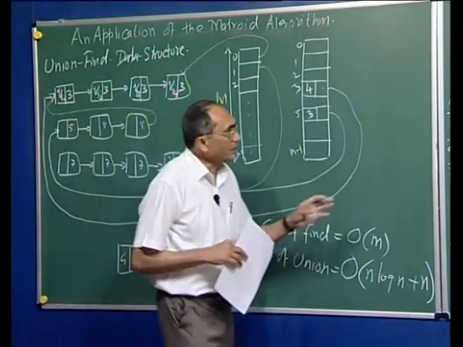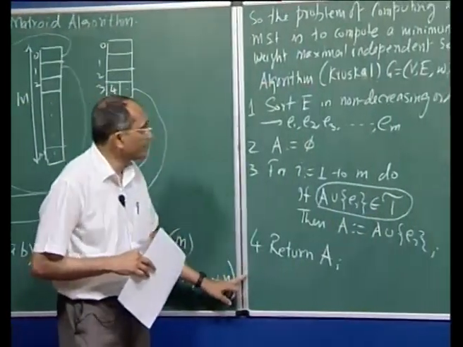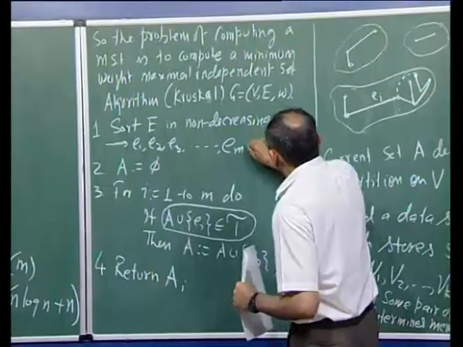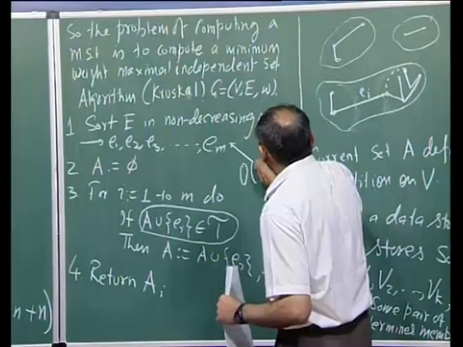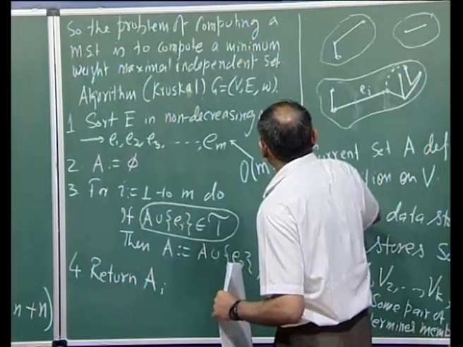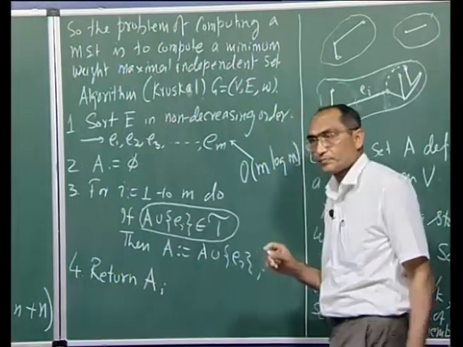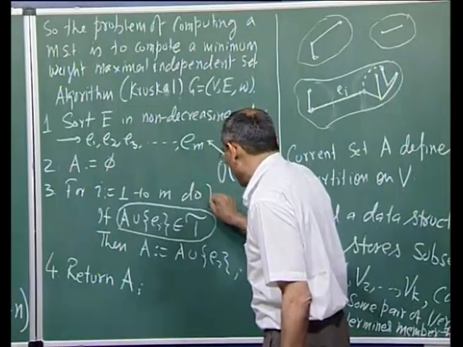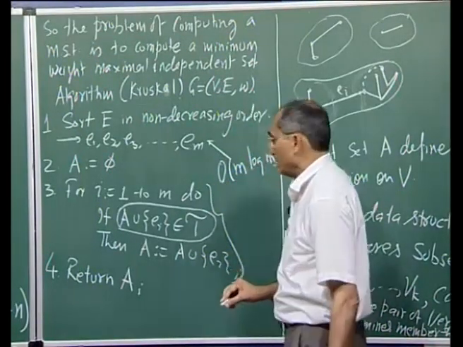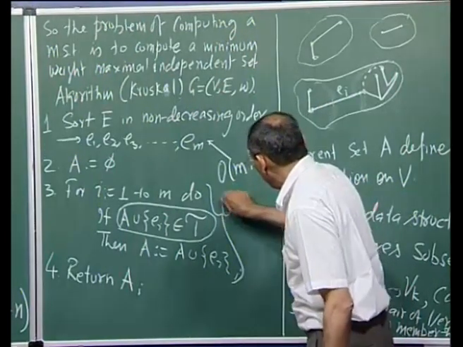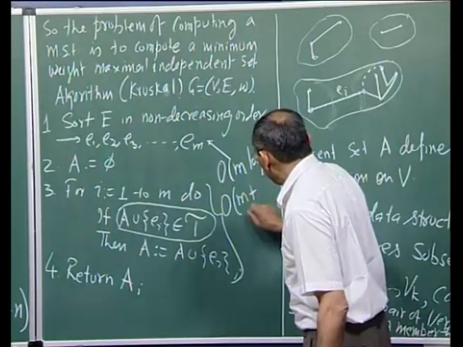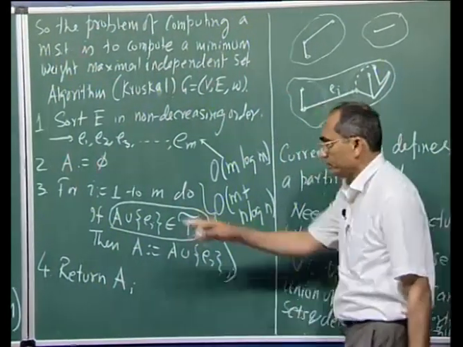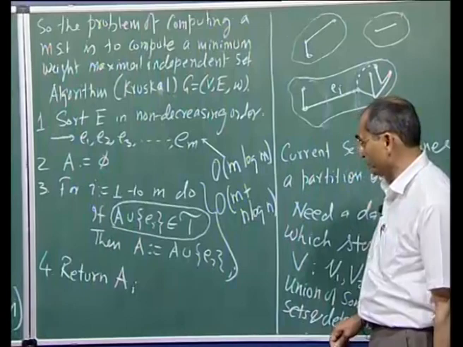Now let us recall that in this algorithm, this task costs us order m log m. This we have figured out, and this thing costs us order m plus n log n. That is what the union and find cost.